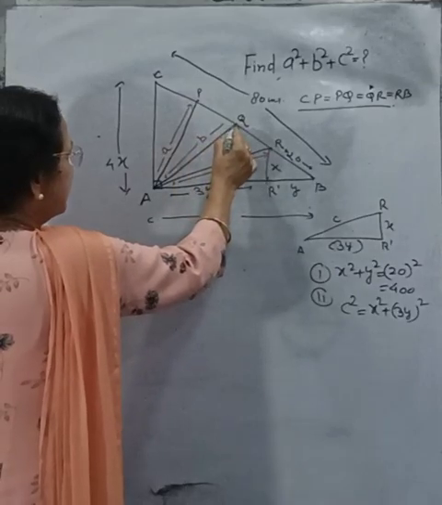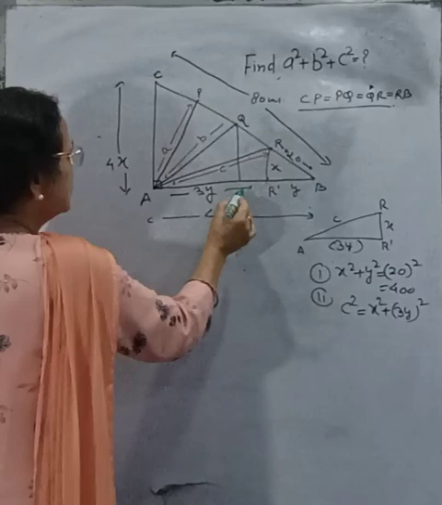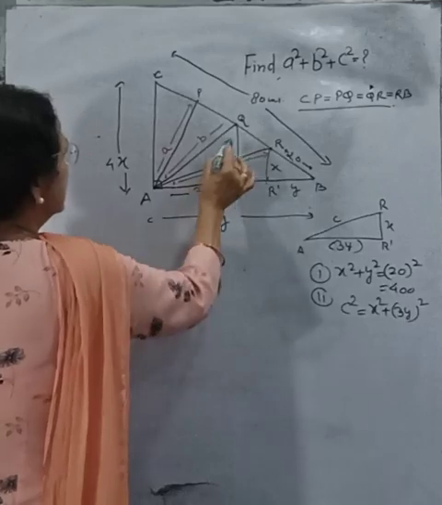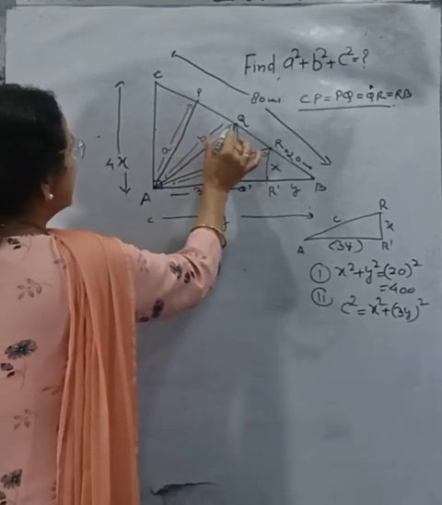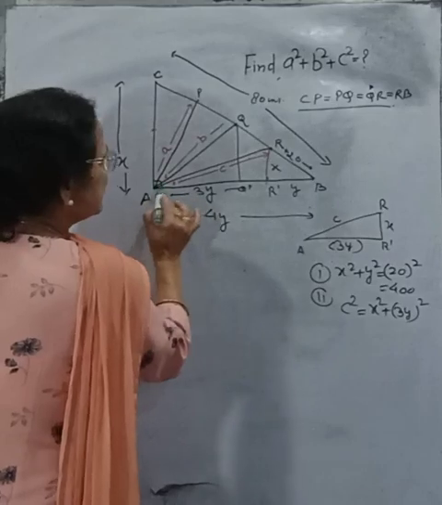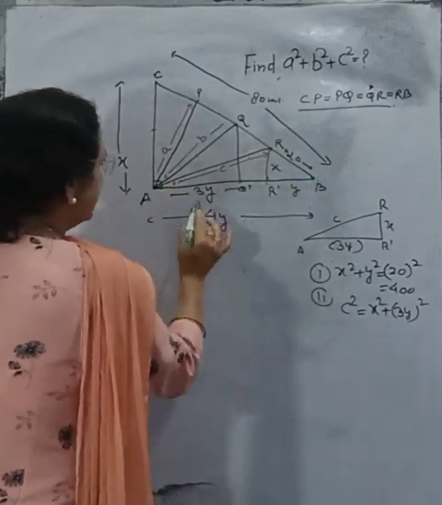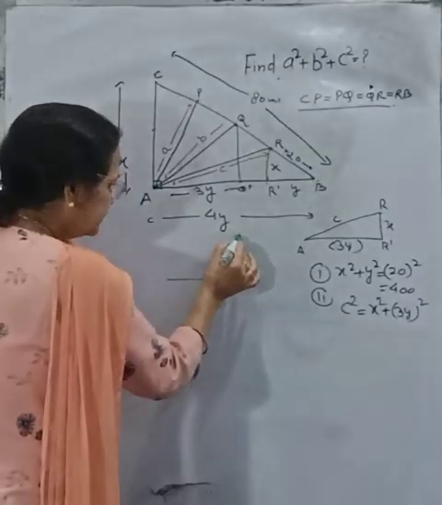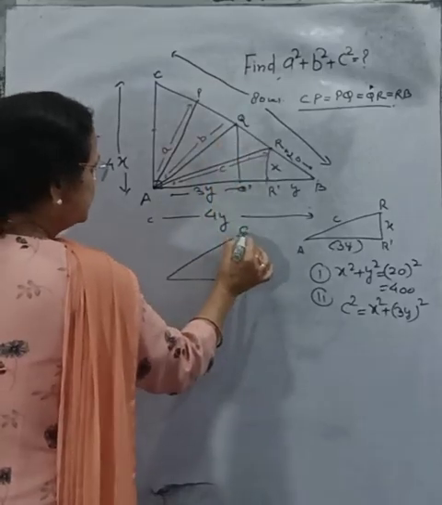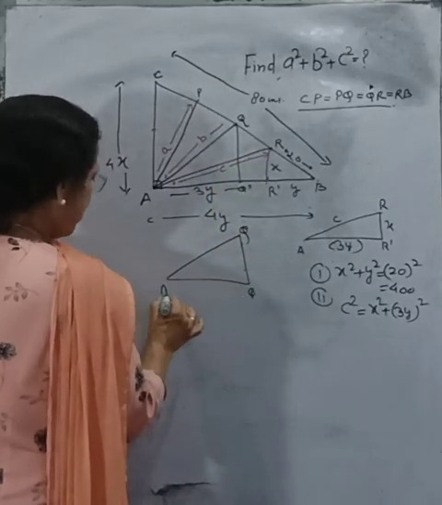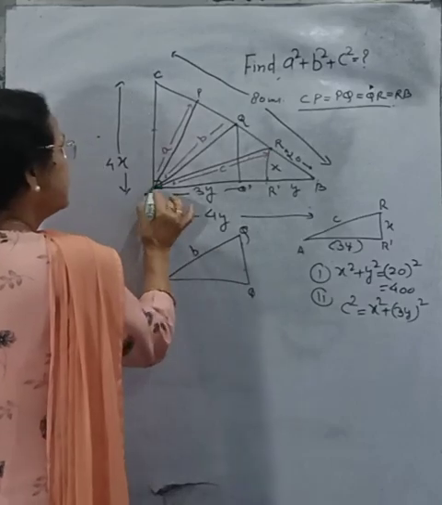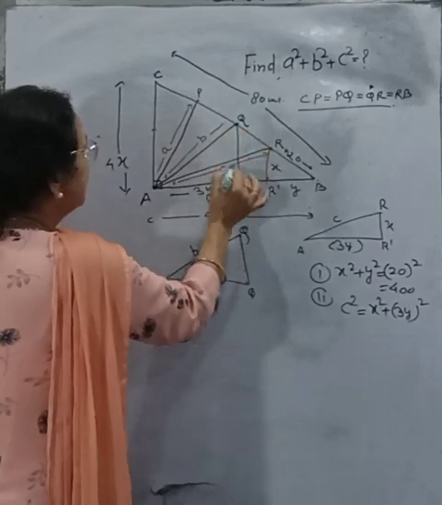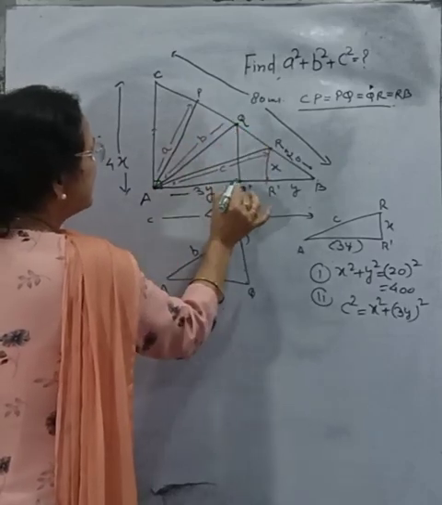Again we drop the perpendicular from Q on AB. Let us suppose this is Q dash. This is the midpoint, so this will also be the midpoint. This is A, this is Q dash, and this is B. This will be the middle point of the perpendicular and also the middle point of the base.